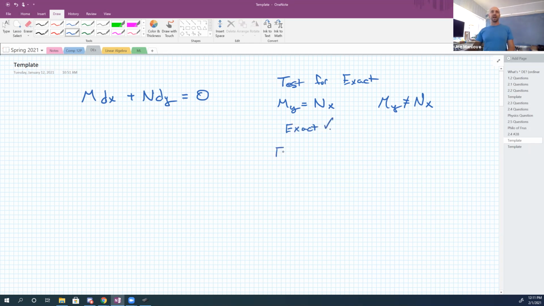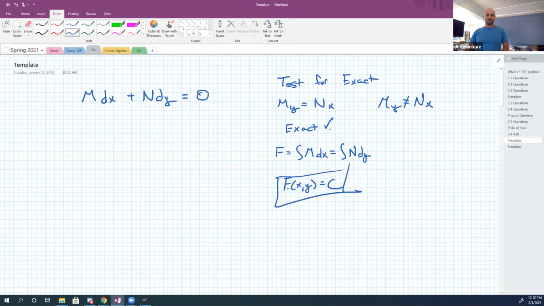Then f is either the integral of M dx or it's equal to the integral of N dy. And in fact, it has to be both. So you go find f, and you can do that technique. You've been running this for a couple of days, so this isn't so bad. You find f, get f of x and y equals a constant, circle this, move on with life, right?